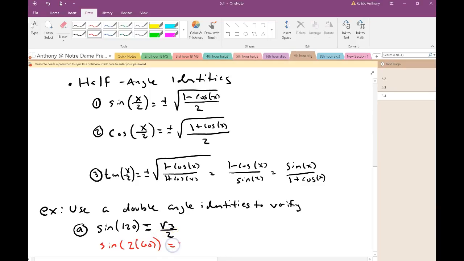So if I apply my double angle formula, that's 2 times sine 60 times cosine 60, right? And I go to my unit circle. Sine 60 is square root 3 over 2. Cosine 60 is 1/2. When I multiply them together, I do get square root 3 over 2. And that's it.